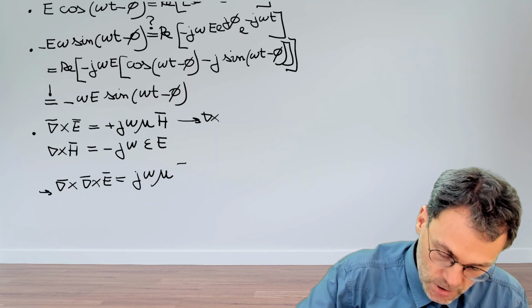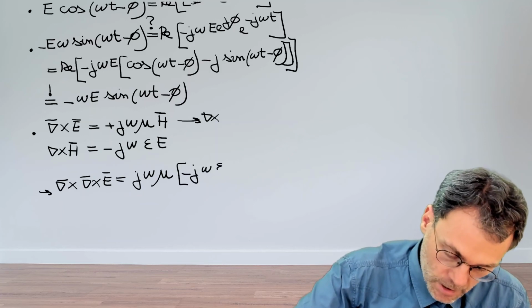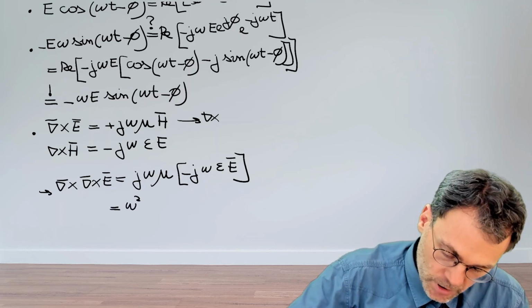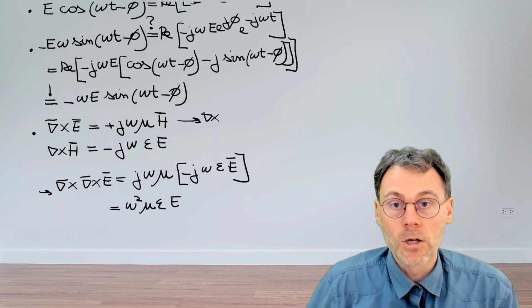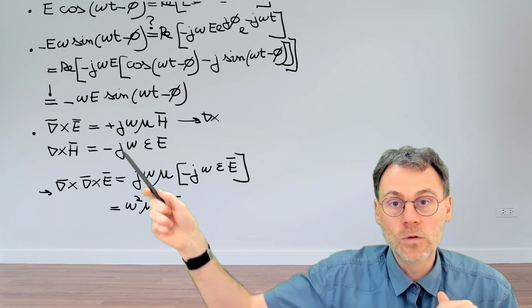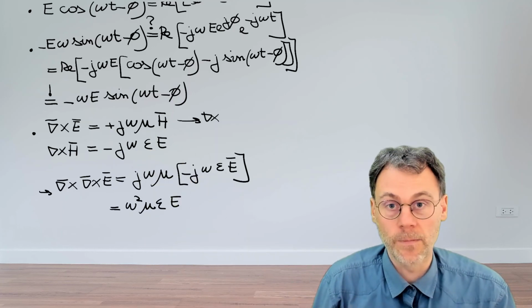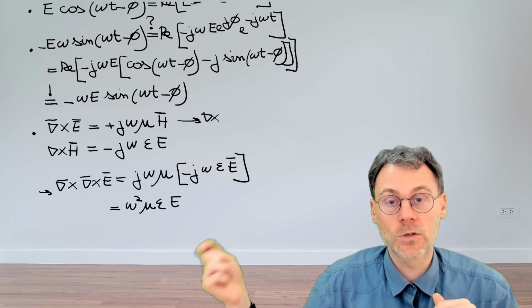Curl of H is actually equal to minus j omega epsilon E, which becomes omega squared mu epsilon E. So what we see here is that these two flipped signs come together in a product, so they cancel actually. So what we end up with is exactly the same formula as we had in the previous case.